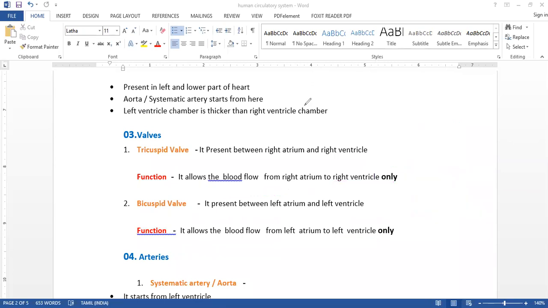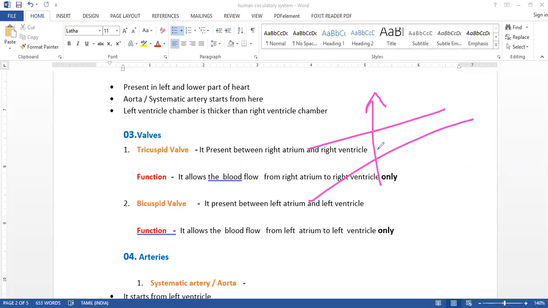So normally these valves allow blood flow in one way. If you take your cycle tube and supply air to the tube, will the air come back? Never, right? It will never happen.